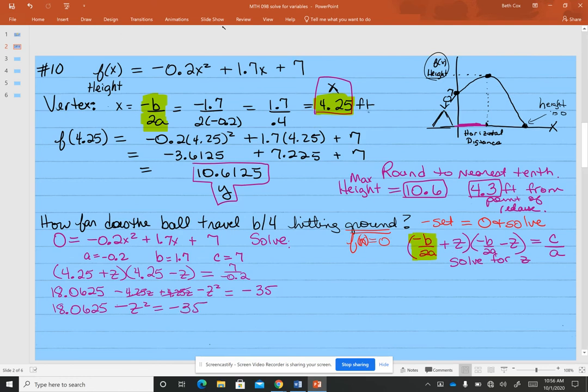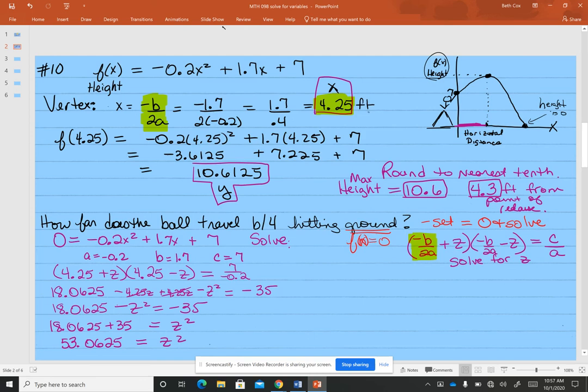Okay, so now I just got to solve for z. I'm going to just flip-flop the z. I'm going to add 35 to both sides, and I'm going to add z squared to both sides. Okay, so I did that. And so then I have 53 is equal to z squared.